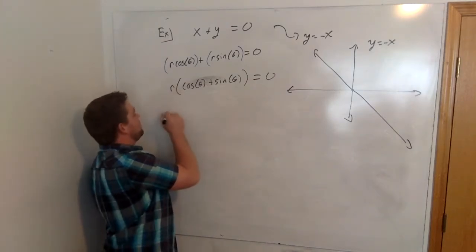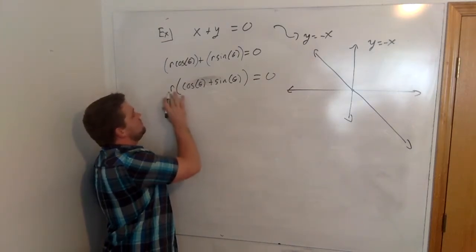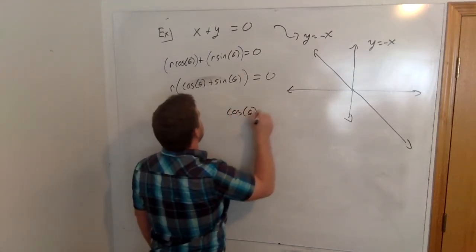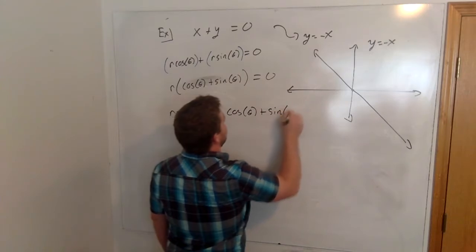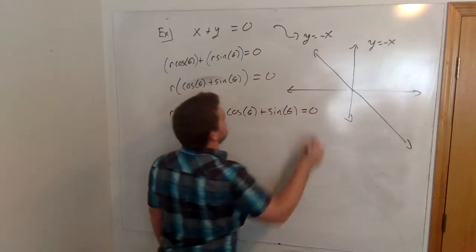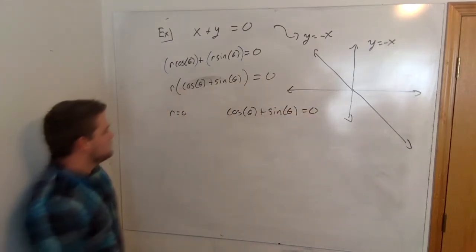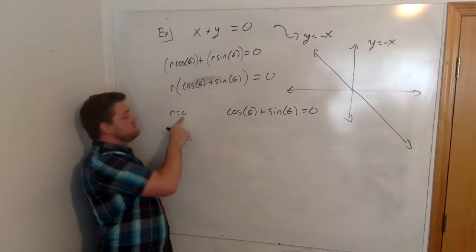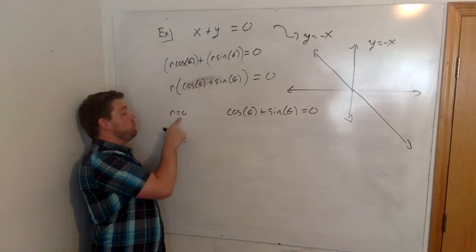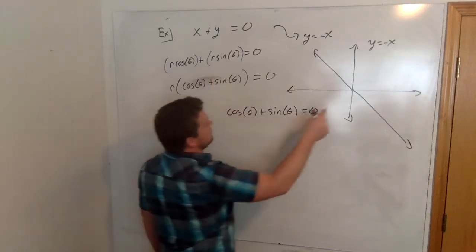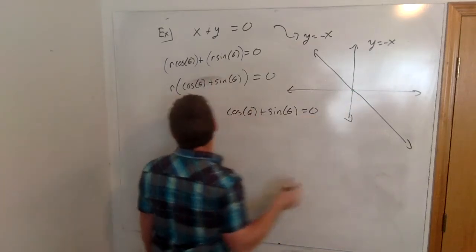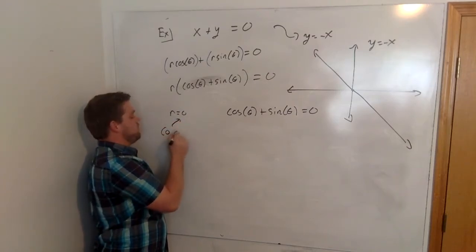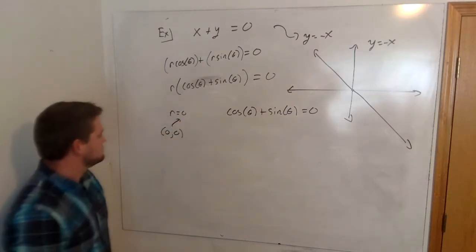This is saying that r could be equal to 0, or that cosine of theta plus the sine of theta could be equal to 0. By saying r is equal to 0, this is independent of theta, and it's really just describing a single point. Hopefully you see that this single point is on this line. It's just the single point x equals 0 and y equals 0.